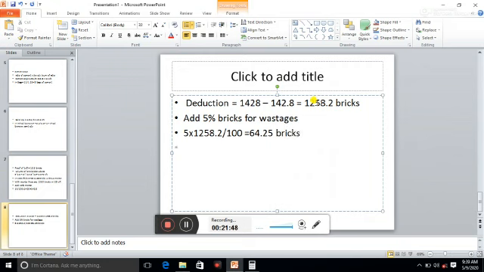Now the net quantity will be equal to 1258.2 plus 64.25, which is 1350 bricks with mortar.